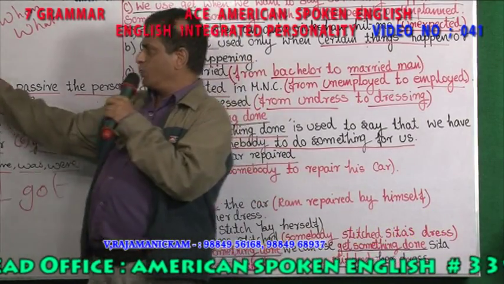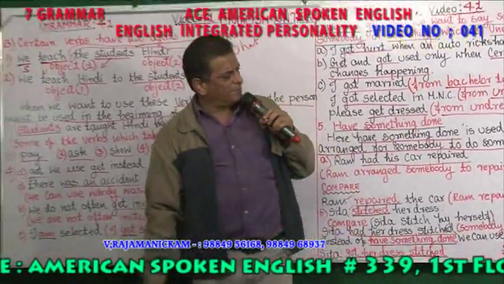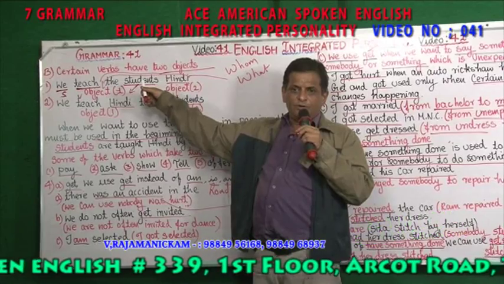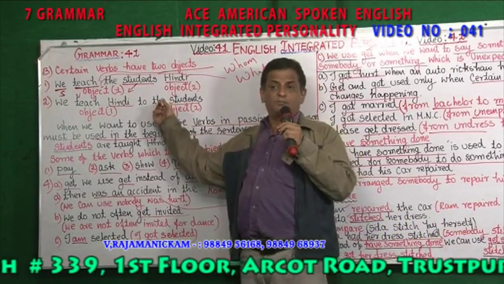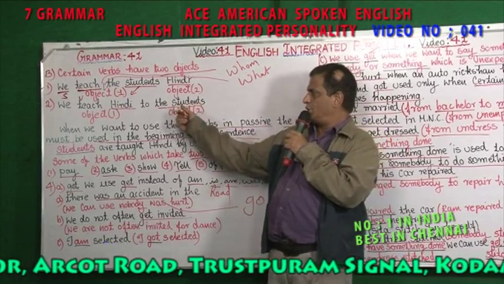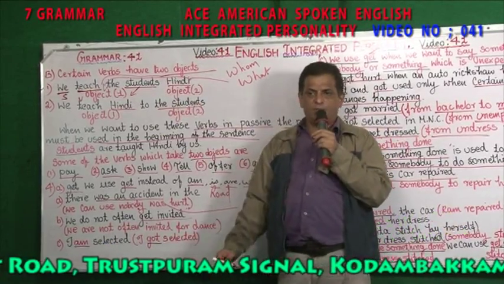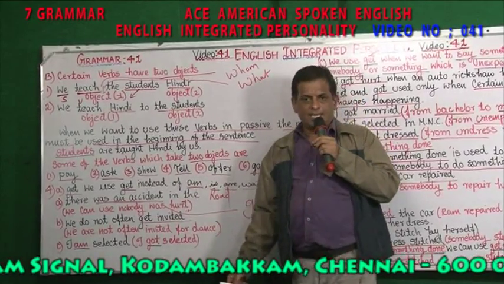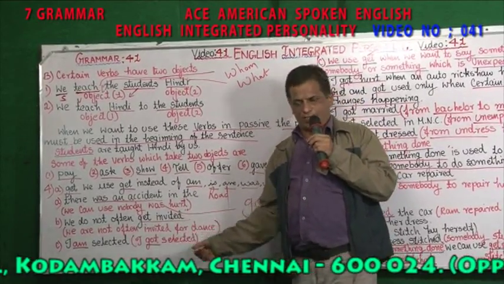So my dear friends, what you understand, some verbs take two objects, and in passive, you should use the person object as the subject. Here we teach Hindi to the students. The students are taught Hindi by us. Next, coming here, get. We are using get instead of was.